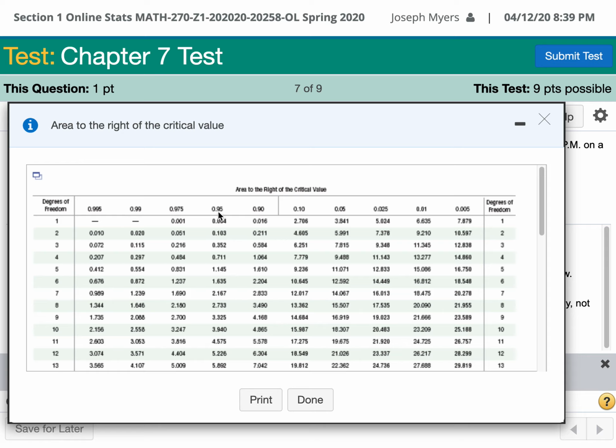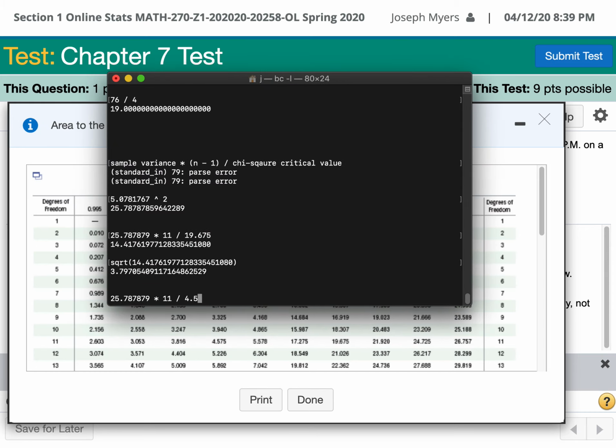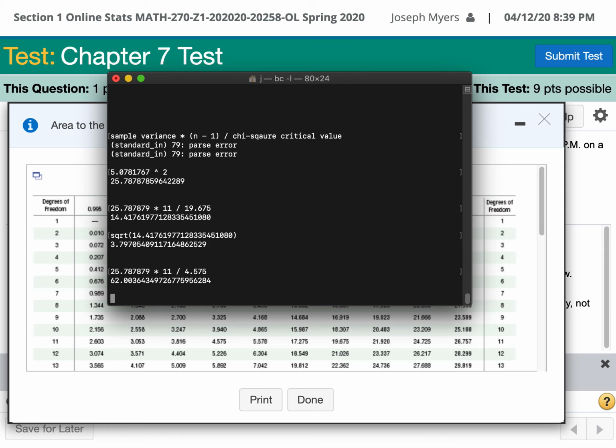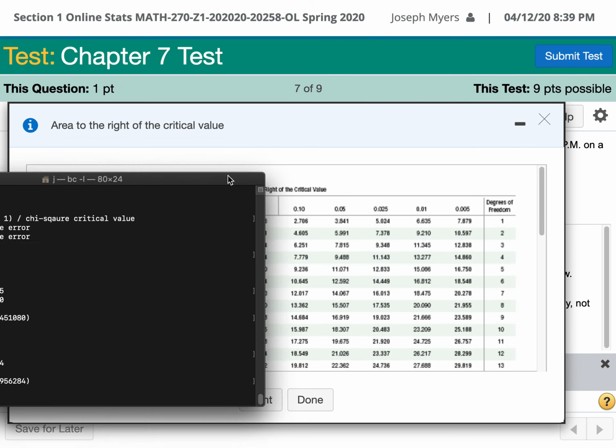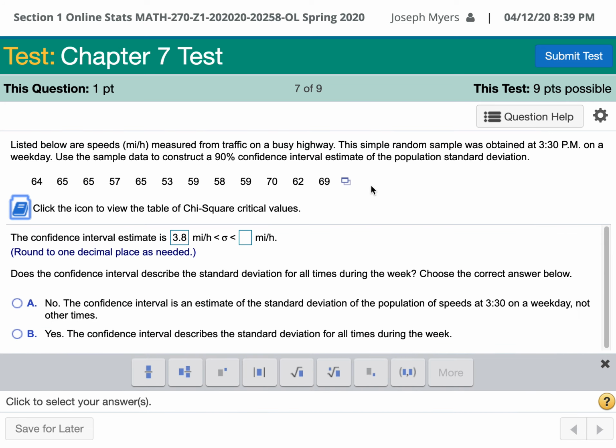So go down to 0.95, and then look for 11 degrees of freedom. That's 4.575. Then we get 62. So that's this variance. I'm going to take the square root of the variance to get the standard deviation, and I get that number. Then I'm going to put that in, rounded off to 7.9.